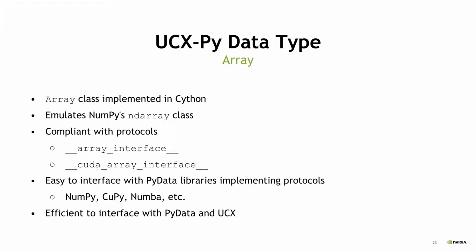It's compliant with the protocols that I mentioned before, array interface and CUDA array interface, and therefore it makes it easier to interface with PyData libraries implementing those protocols, such as NumPy, CuPy, and Numba that I mentioned also before. And because it's written in Cython and it's very minimal, the interface of the array is very minimal, it's also efficient to interface PyData and UCX.